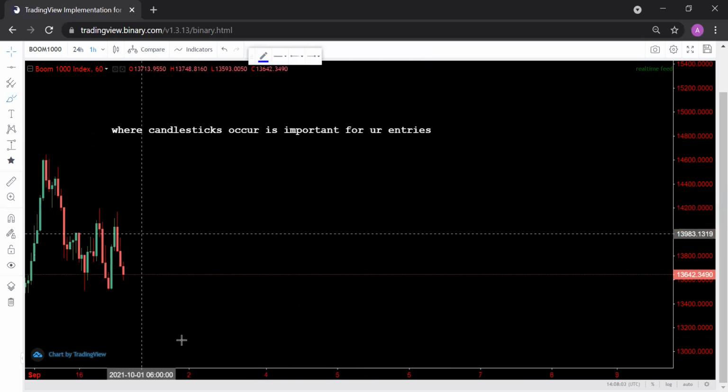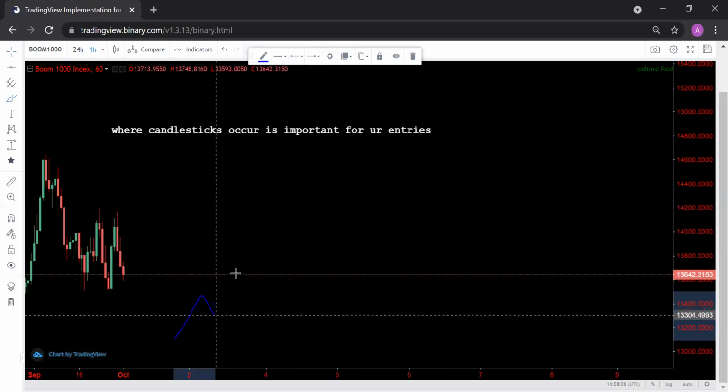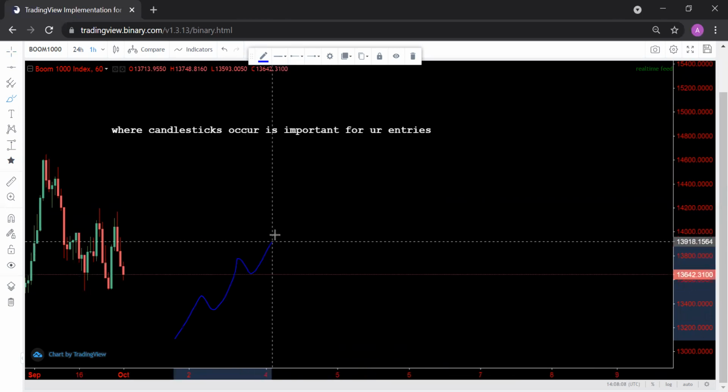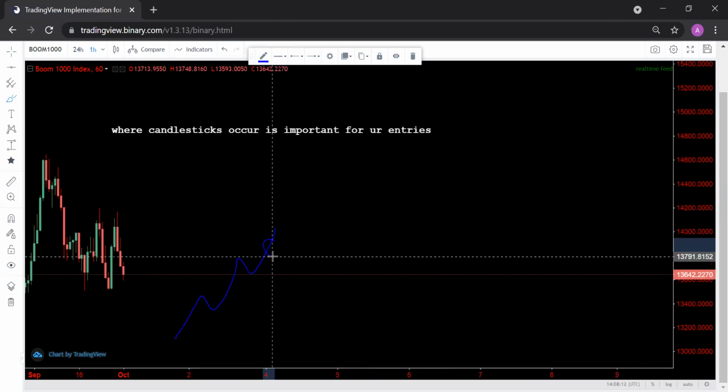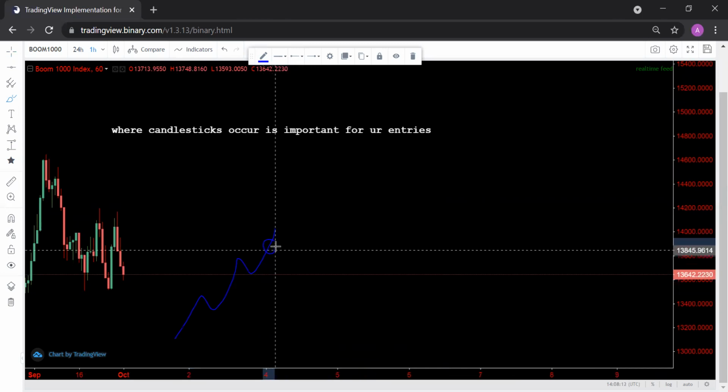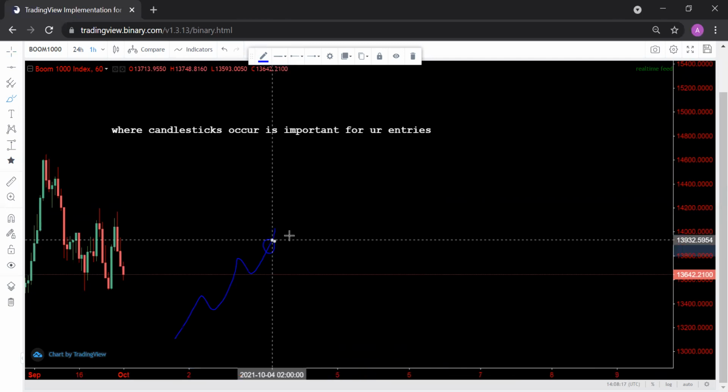So assuming we see price doing something like this, price is going up. Now, assuming we see a buy candlestick in the middle of this trend, I wouldn't take that signal. You know why? Because the market is in the middle of nowhere.